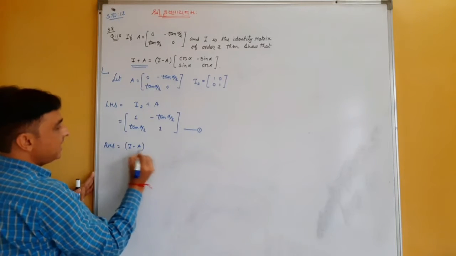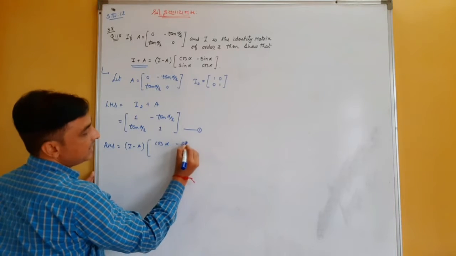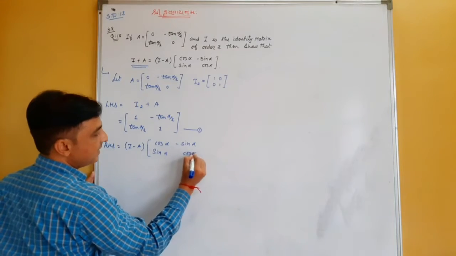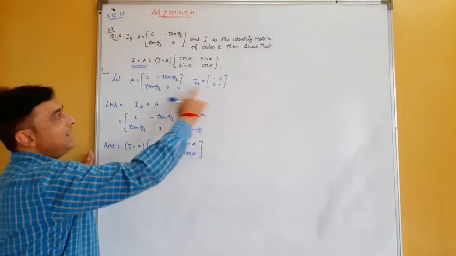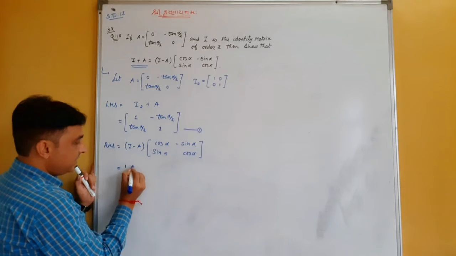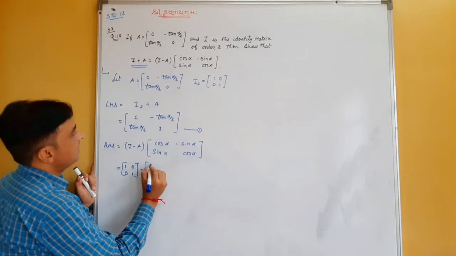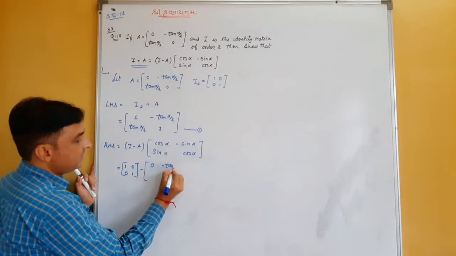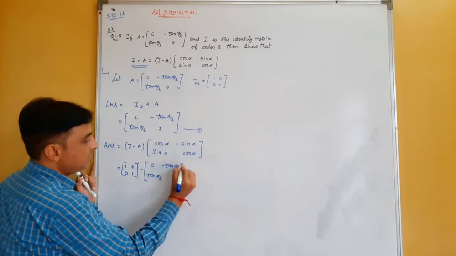Now right hand side, I minus A into the given matrix cos alpha, minus sin alpha, sin alpha and cos alpha. Substitute the value of I minus A. So I is 1 0 0 1, minus A, which is 0 minus tan alpha by 2, plus tan alpha by 2 and 0.